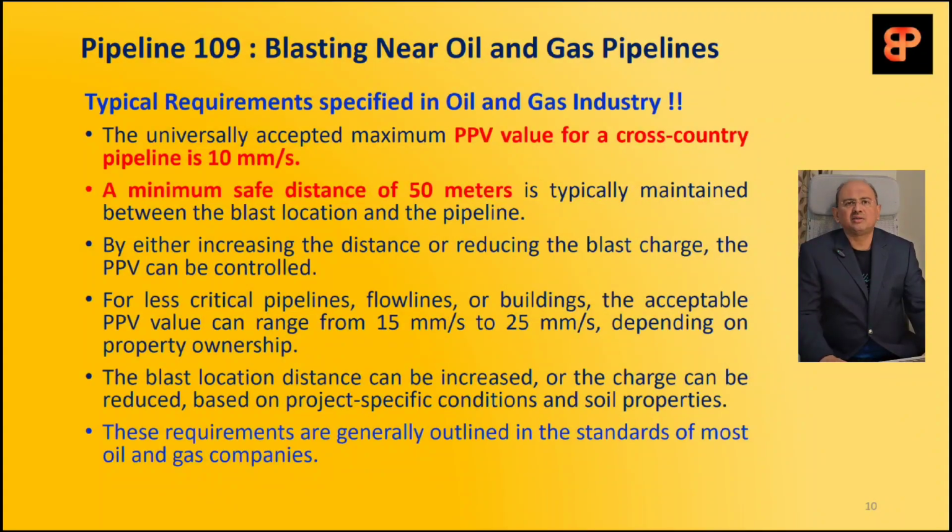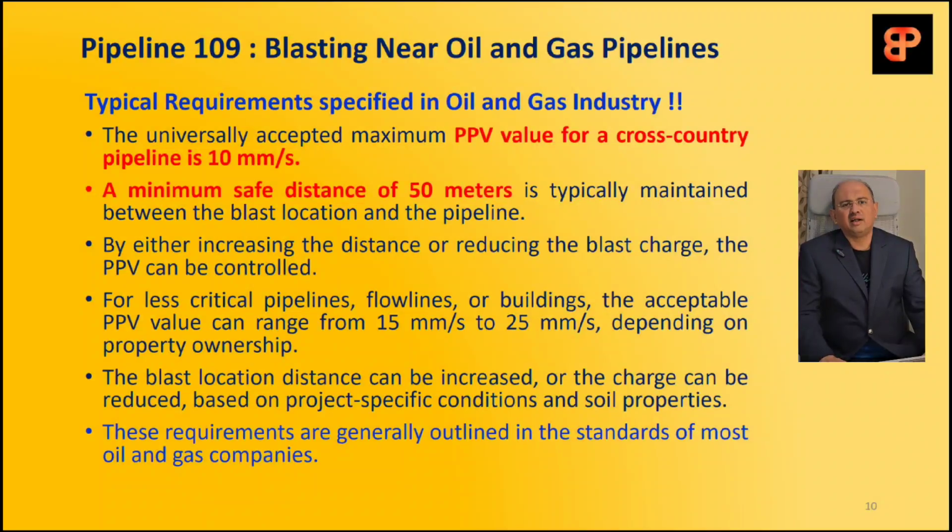Typical requirements specified in oil and gas industry. So based on this theoretical part that we saw, the concept behind the frequency of the vibration induced by the blasting and the natural frequency and its resonance, on that basis, and the ownership of the property, on those two bases, we have seen that the acceptable values of PPV are specified as a universal standard practice.